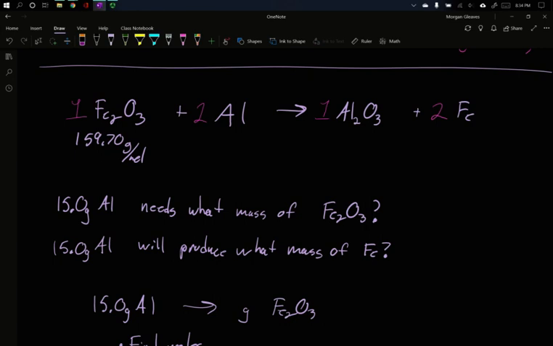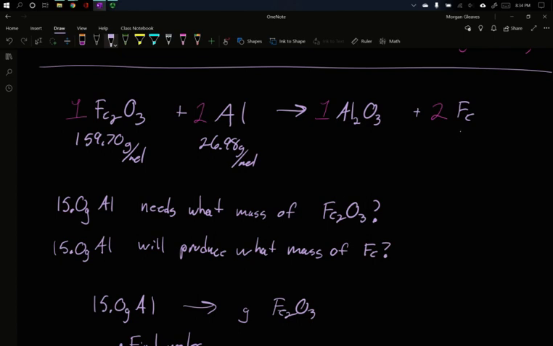Aluminum is just what it says on the periodic table. Each aluminum is 26.98 grams per mole. The fact that there are two in the balanced reaction doesn't change the formula. It's a single aluminum, and molecular mass is based on the formula.